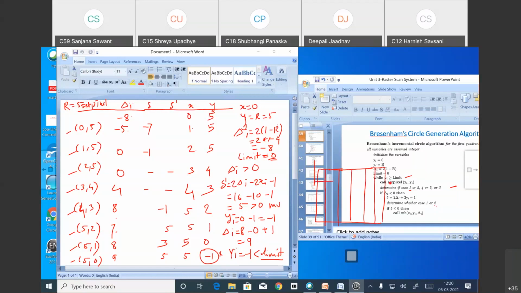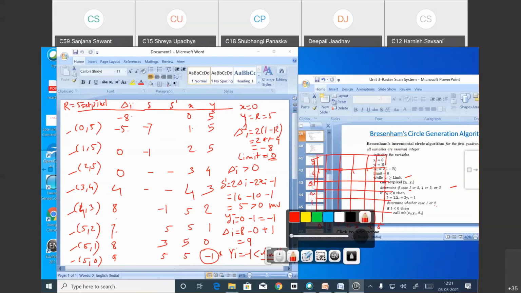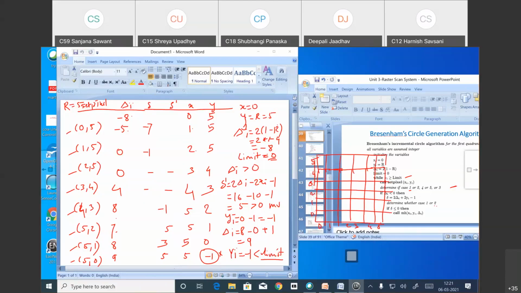Suppose 0, 1, 2, 3, 4, 5 on each axis. The first one is 0, 5. Then the next one is 1, 5. This pixel will be selected.